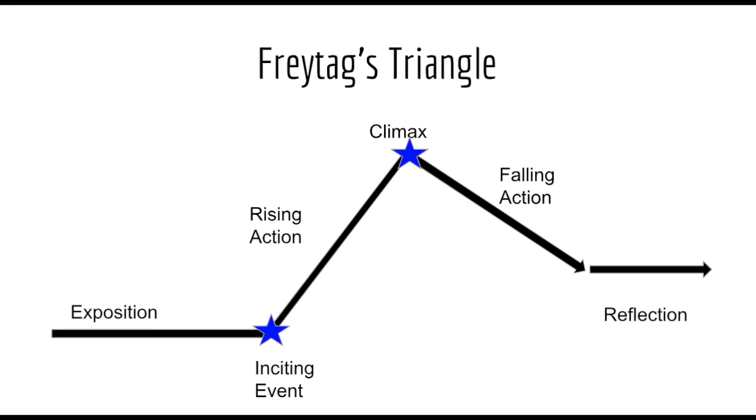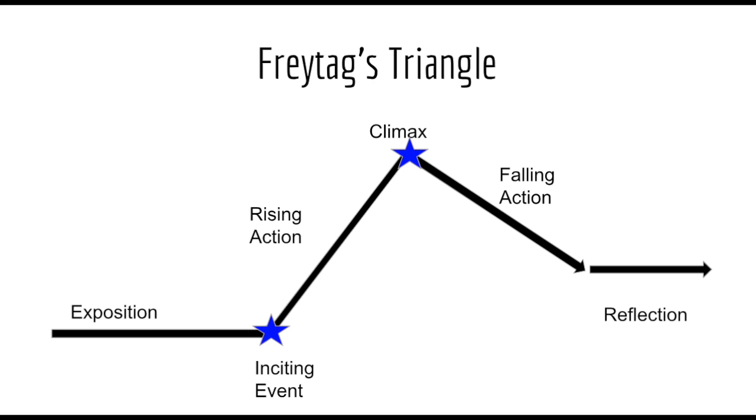And all that tension breaks with the climactic moment, or the climax of the story, the high point, which, despite my diagram here, may happen right on the last page or even in the last paragraph. That will not be the case with the personal narratives we're looking at, because they do have a little bit of falling action, and things are settling back down, and then we end with a reflection.